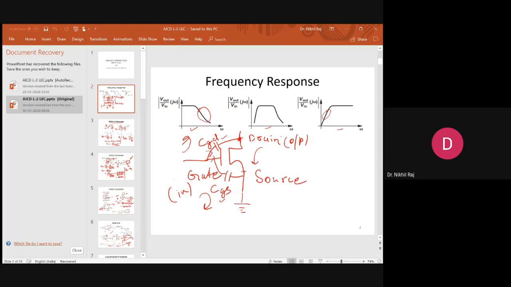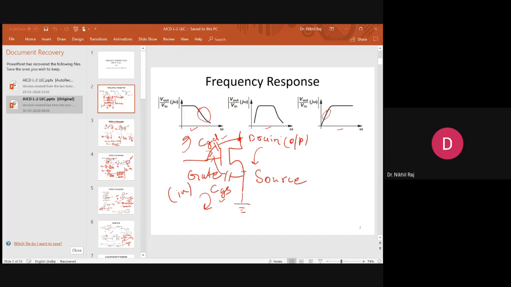So there is not only a path along the channel, but there is also a path from the gate to drain through CGD. This means the signal is also getting transmitted through a feed forward path. Since there is a feed forward path, definitely it will also contribute to the gain and other characteristics. So we need to see the effect of CGD.